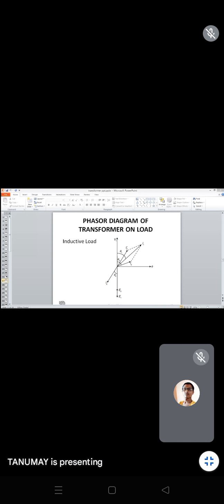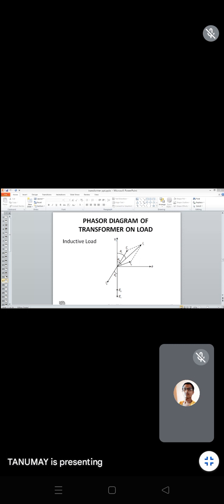Similarly, E2 and E1 are trying to oppose the supply voltage V1, and E2 will try to produce the secondary side current I2. That's why this I2 will lag from the induced EMF by one angle.